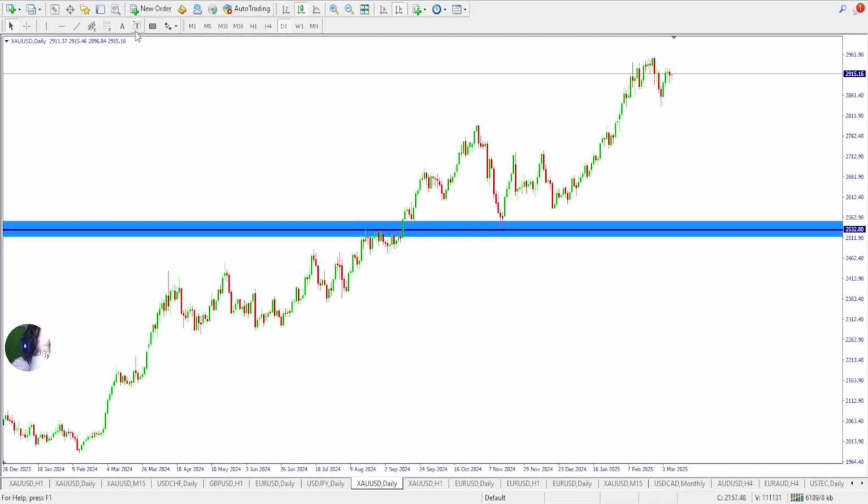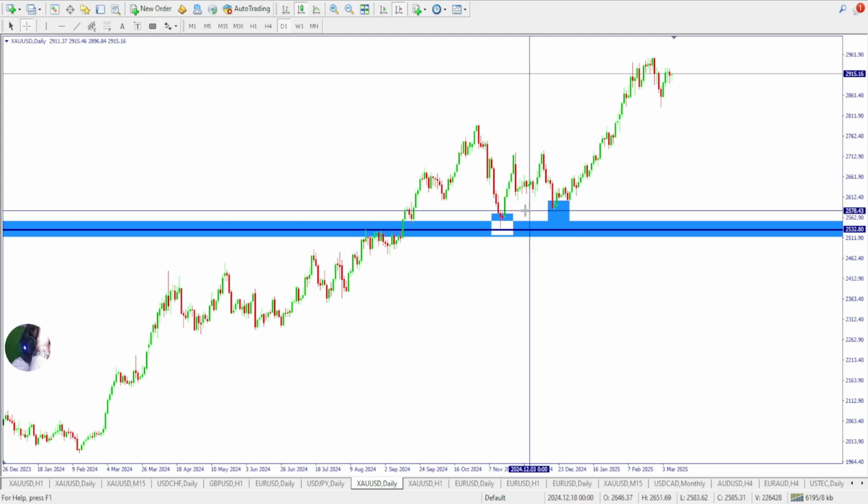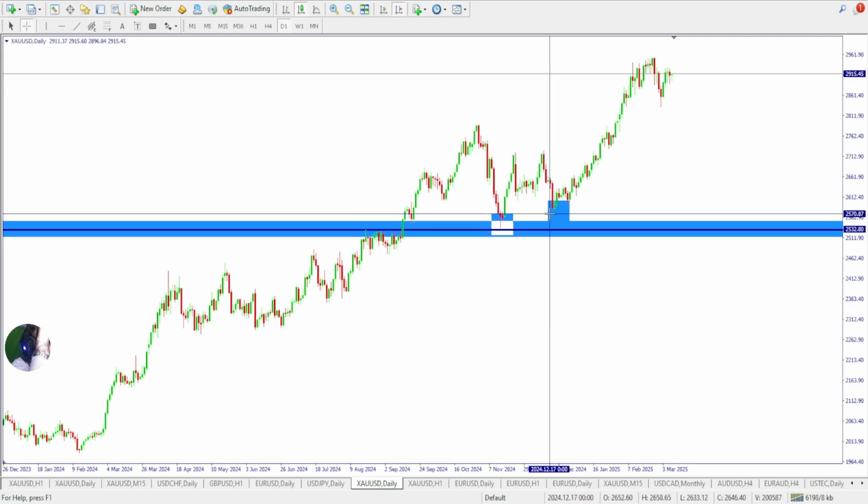What are these structures? Let's see. This one, right? So this is, and this, so the combination of both of these lows, if you see, can give us a good clue that this structure will be helping us identify the next move in the market, right? So what after this?